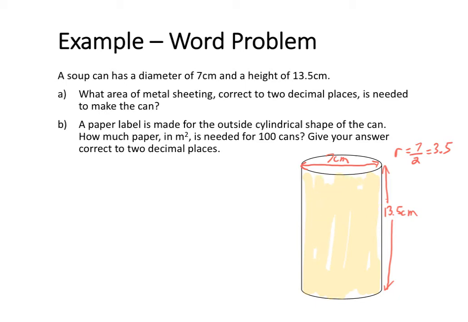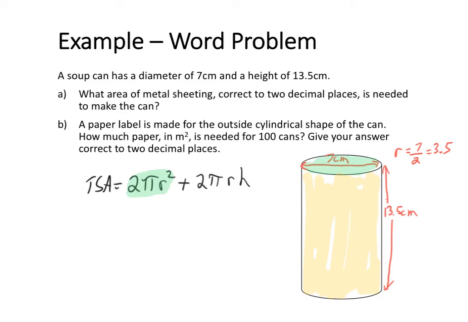Having a look at the formula for the total surface area of a can, it was 2 times pi times radius squared plus 2 times pi times the radius times the height. Now that can be broken into 2 parts. The 2 times pi times radius squared is going to give us the area of the circles at the top and the bottom.